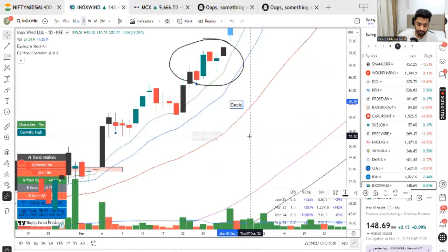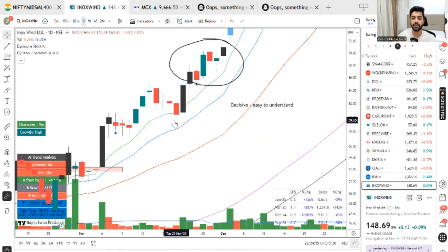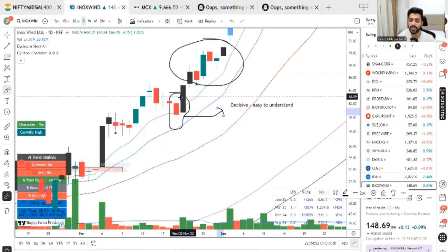Decisive means, in very layman terms, easy to understand. Here it went below, it closed below 10 also. But at the end, it got very good support also. Near 10, this 10 is a very good support area. So when you have such a candle, even if it is closing below, it's not a decisive close.